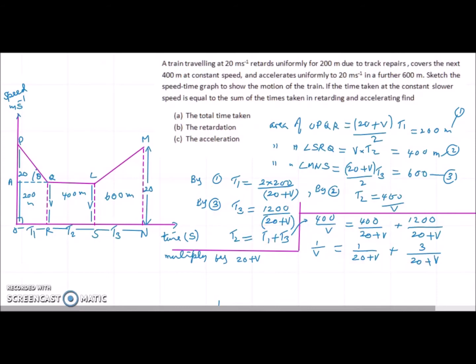Now this is a simplification. For that, we multiply the whole equation by 20 plus v. Then in the left hand side we can write 20 plus v divided by v equals 1 plus 3.